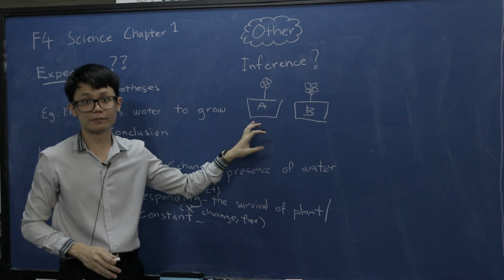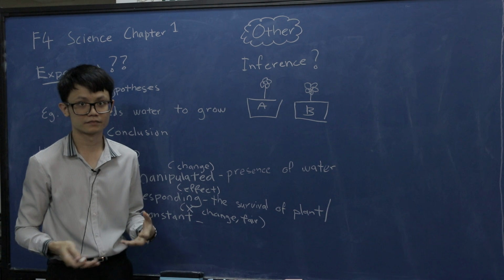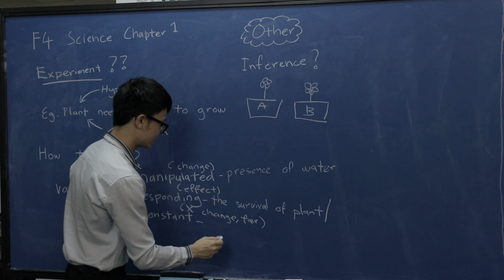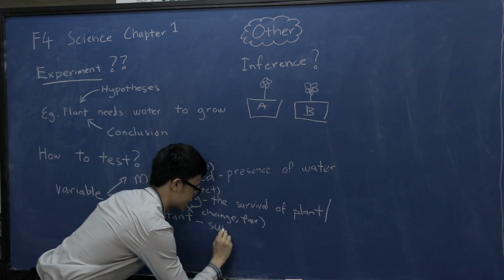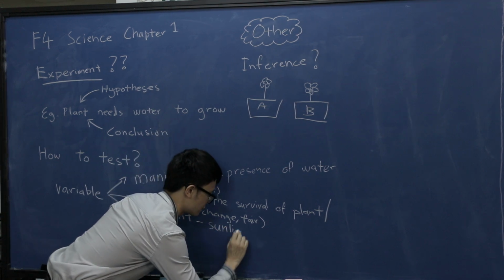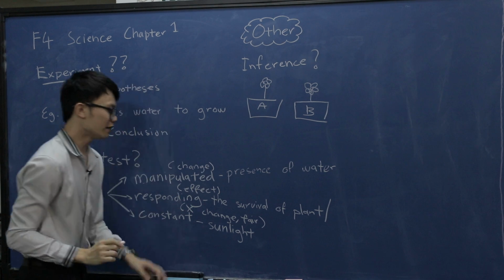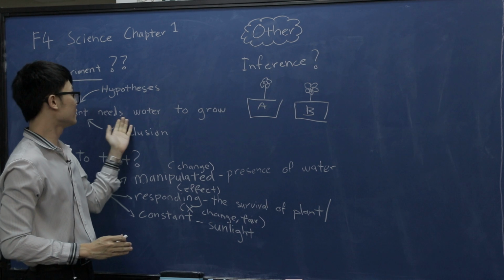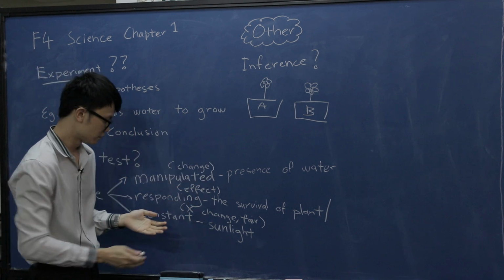There are a lot of variables that affect it, for example sunlight. Let's say there are a lot of constant variables, and I just put sunlight here. Why do I want to put sunlight? We want to test that plants need water to grow.